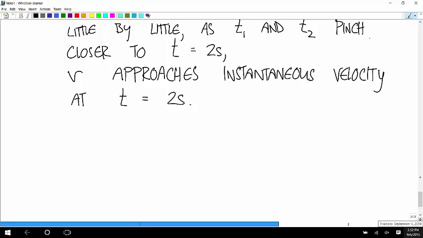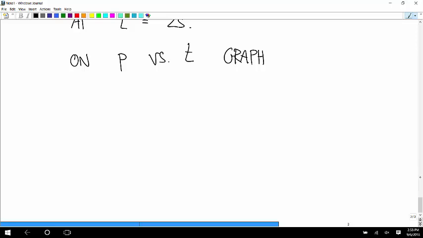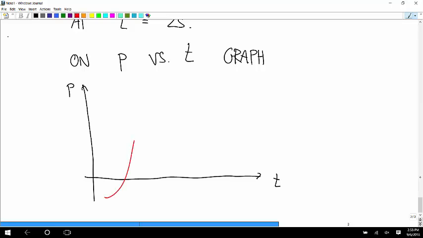And what it looks like on a position versus time graph: let's say that we have time on the x-axis, position on the y-axis, and our function looks something like that.